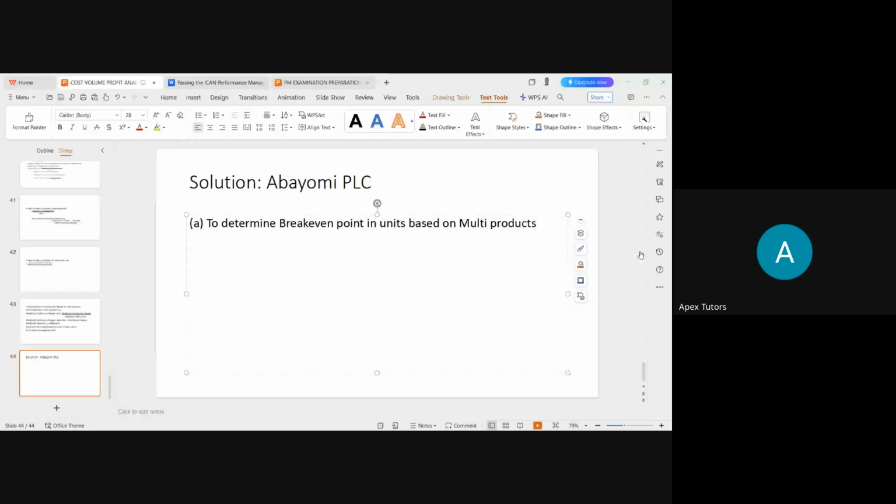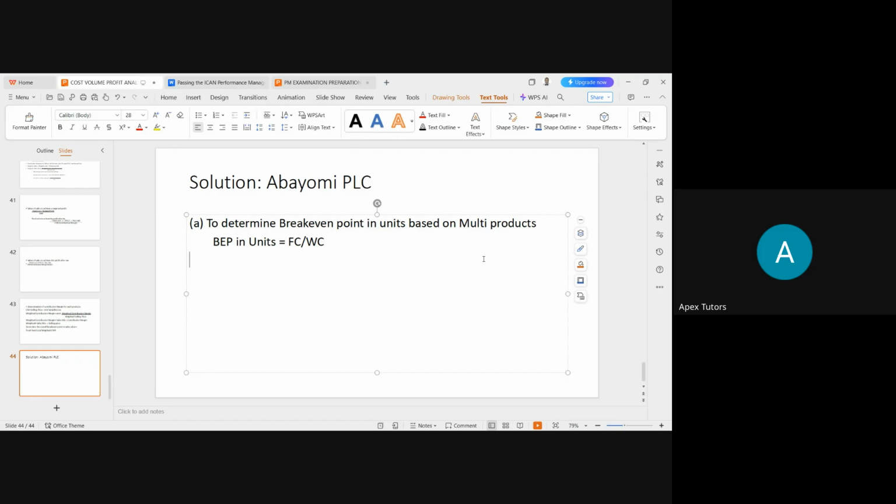When you're solving for multi-products, more than one product, break-even points in units will be fixed cost divided by weighted contribution margin.